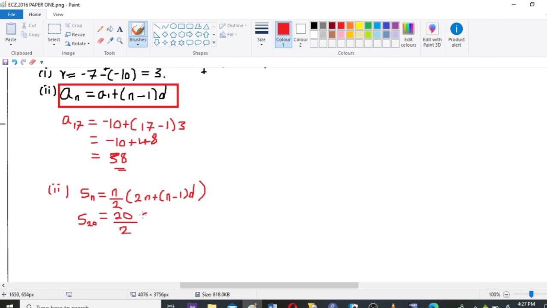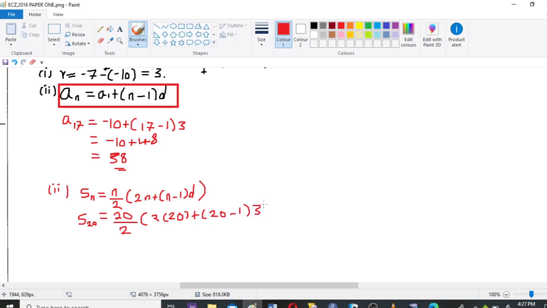Open a bracket, we have 2 there, open bracket, we have our n, 20, and then plus, open a bracket, n again is 20, minus 1, multiply by d.